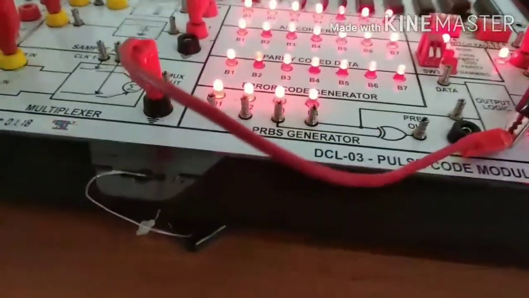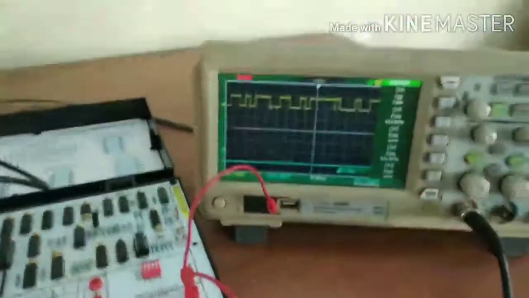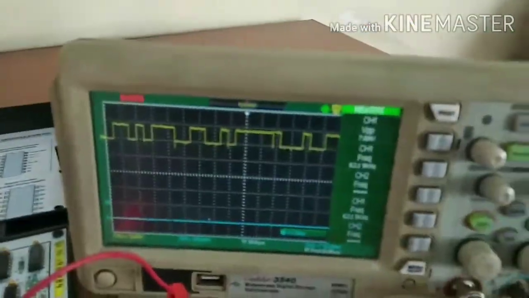And then we need to go to the TX sync signal. The TX sync signal is also showing in the DSO.